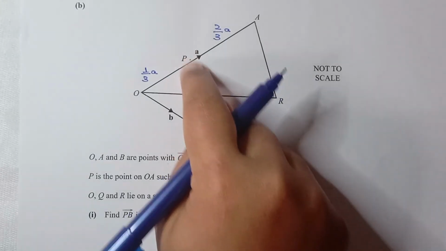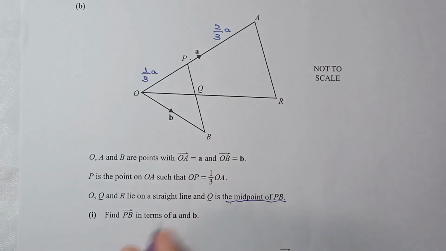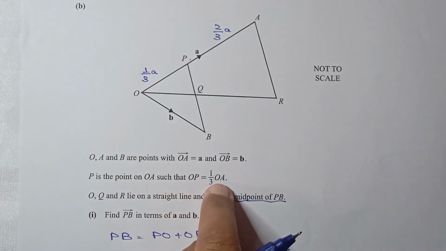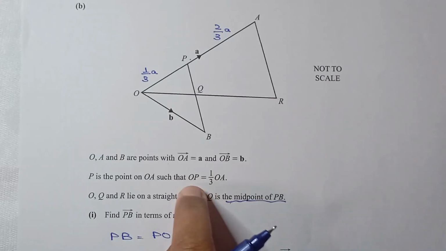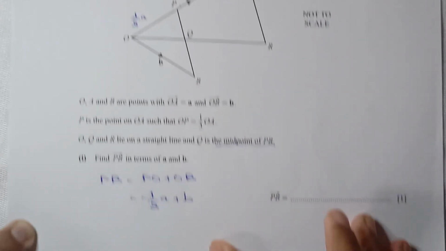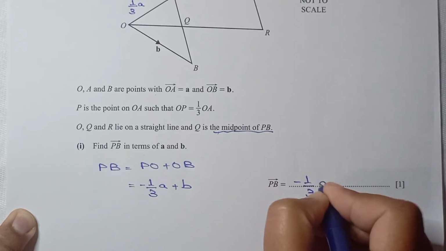So PB follows a path of PO and OB. Right, so we can say PB is equal to P to O plus O to B. So what is P to O? OP is 1 by 3 of OA, so PO would be negative of 1 by 3 of A, and OB is just B. Right, so the answer is minus 1 by 3 A plus B.